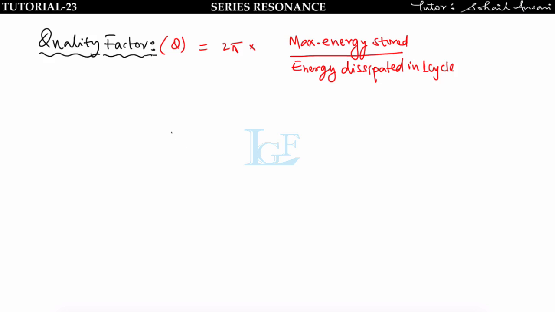So what is the significance of quality factor? Why are we finding quality factor? In any circuit we want losses to be as minimum as possible, so energy stored must be high as compared to energy dissipated.